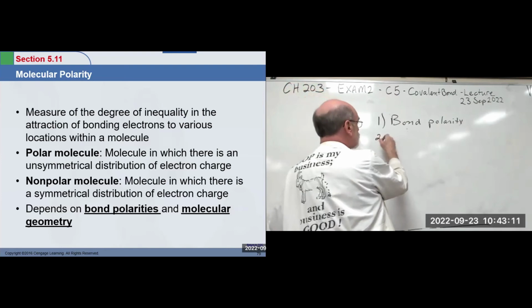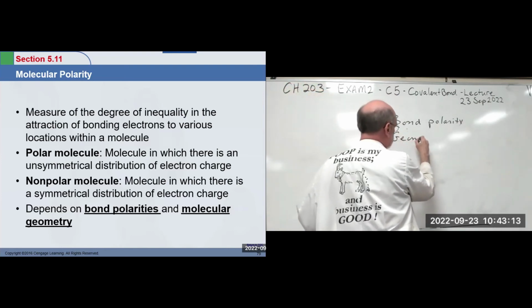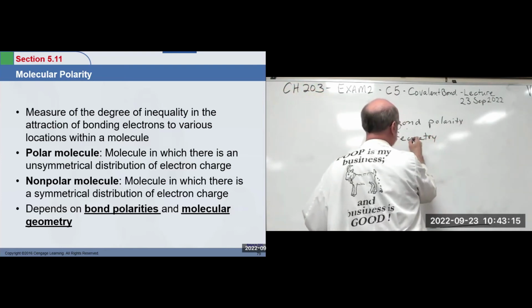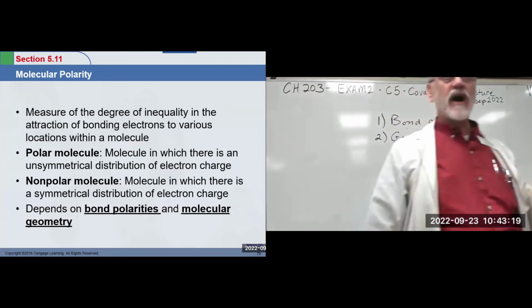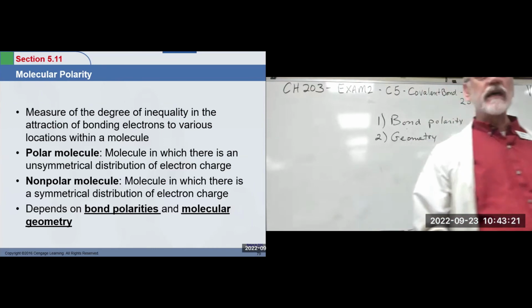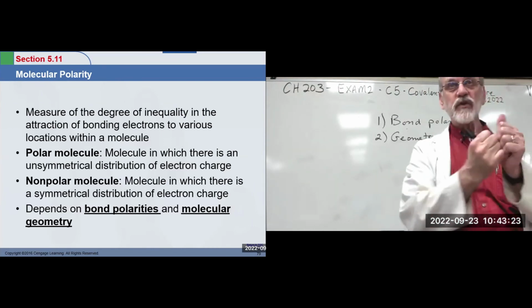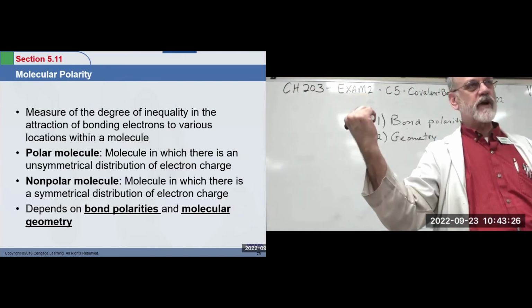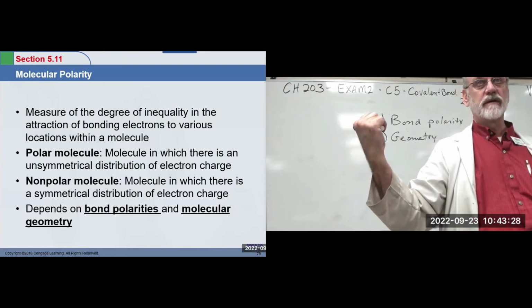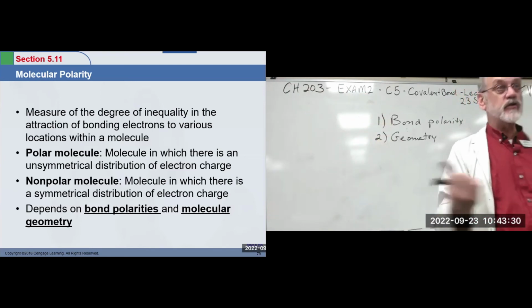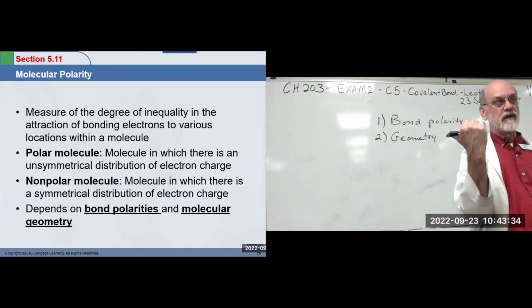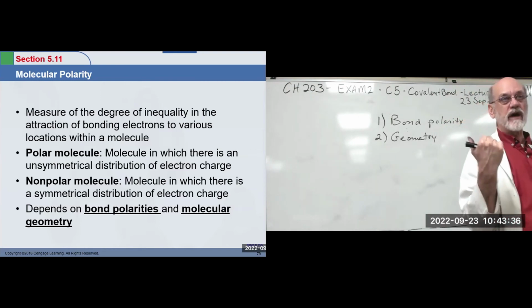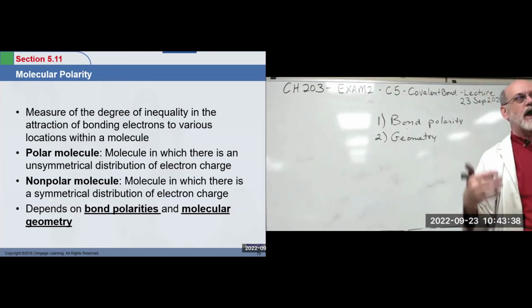And then you need to know geometry. Because if you have, say, 2 polar bonds, but they're both opposite directions, they cancel one another out. So carbon dioxide has 2 polar bonds, but it's 180-degree geometry. It's linear. So they cancel one another out, makes carbon dioxide overall a nonpolar molecule.